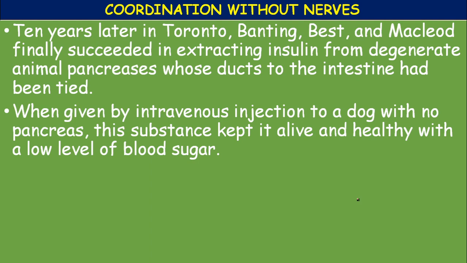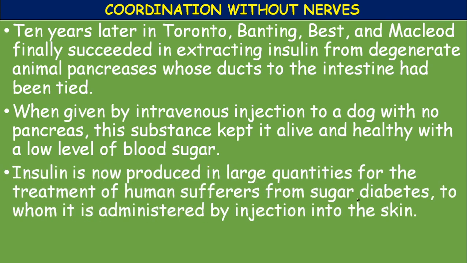So what did they do? They removed the pancreas from the dog and they injected that secretion of the pancreas, insulin, intravenously in the form of an injection. That substance kept the dog alive and healthy with a low level of blood sugar.